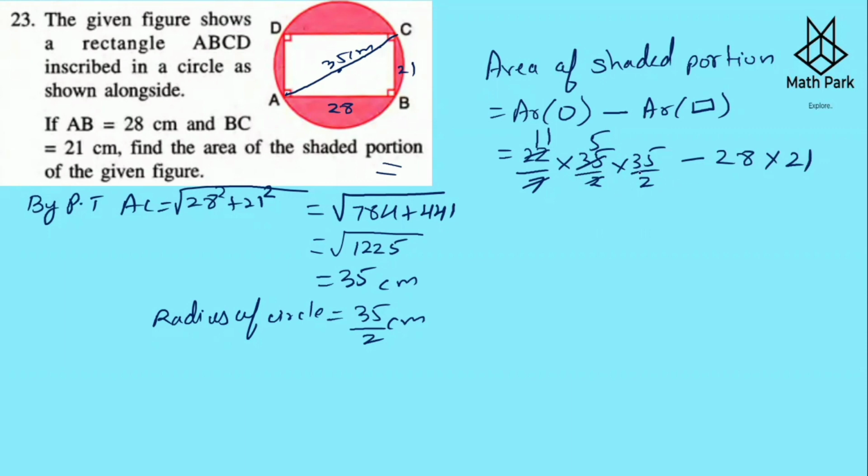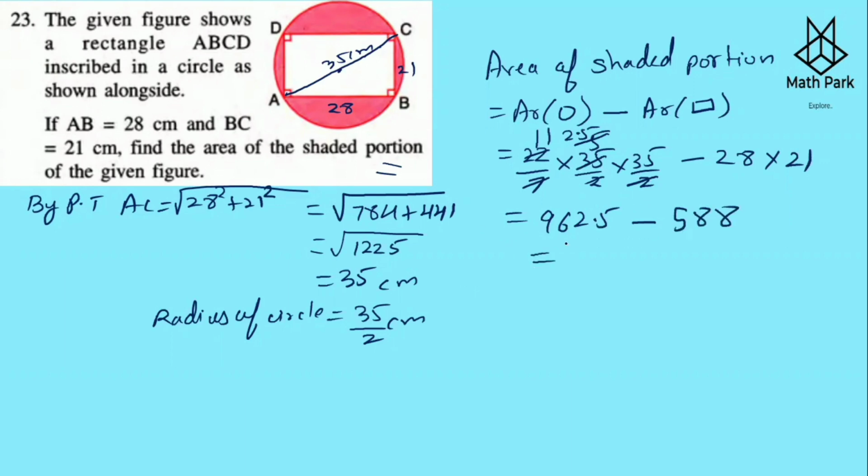Now multiply: 11 into 2.5 into 35, you get 962.5, minus 28 times 21, length into breadth is the area of a rectangle, which is 588.